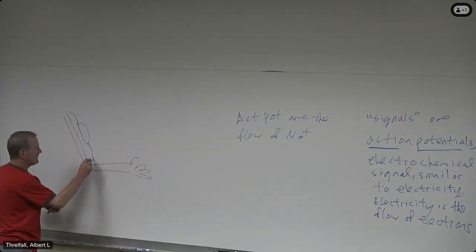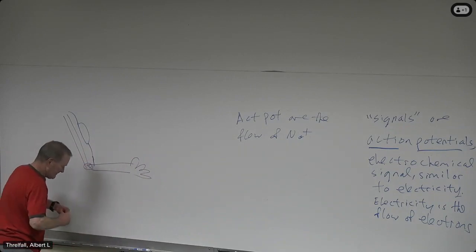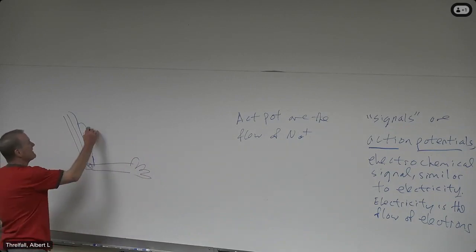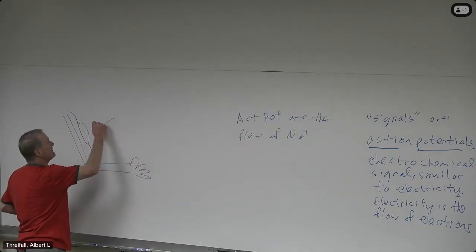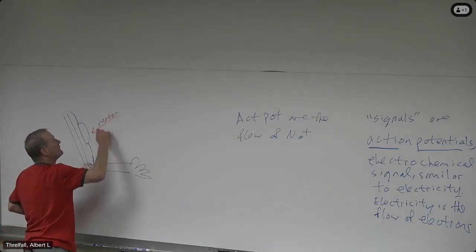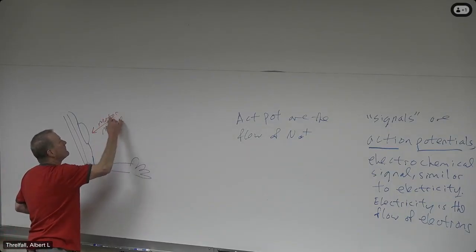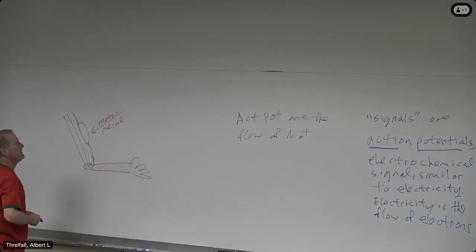Muscles can be stimulated or irritated by motor nerves, and they respond by contracting. But if it's that simple, if that's all it is, then it's on or off, yes or no. It's binary. But it's not binary.